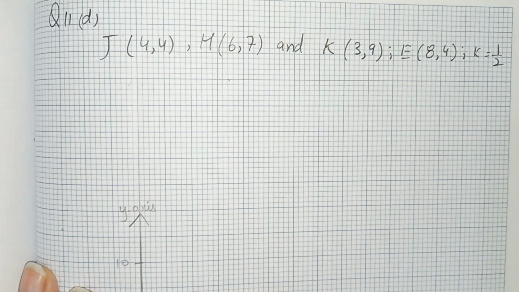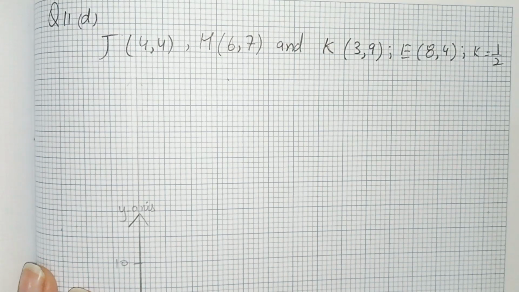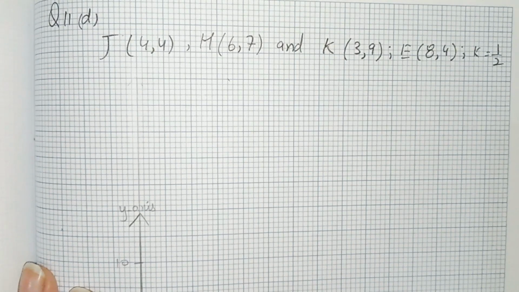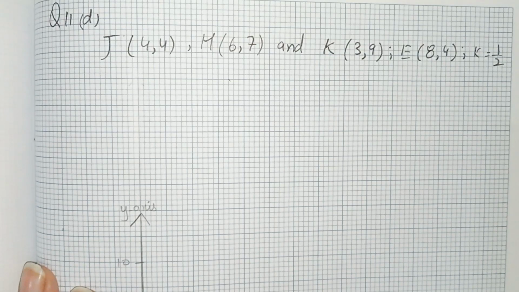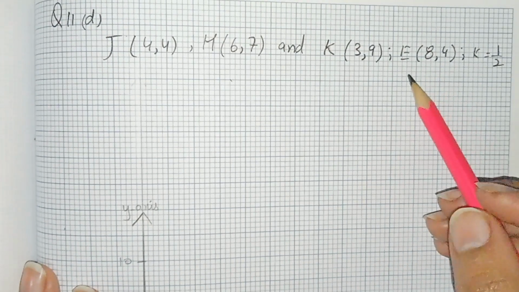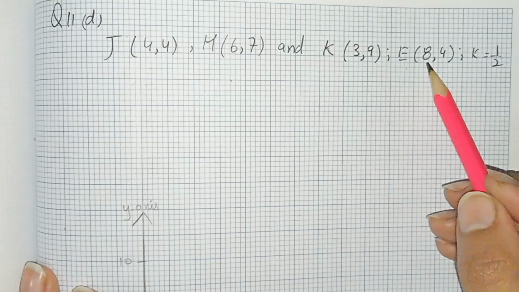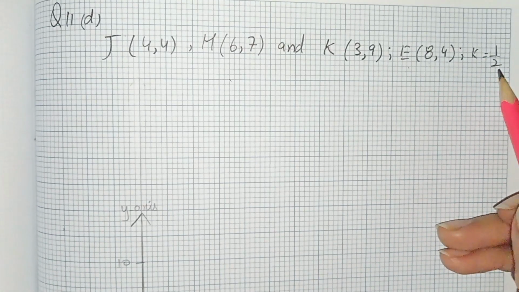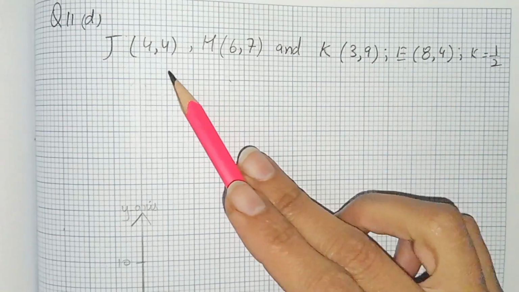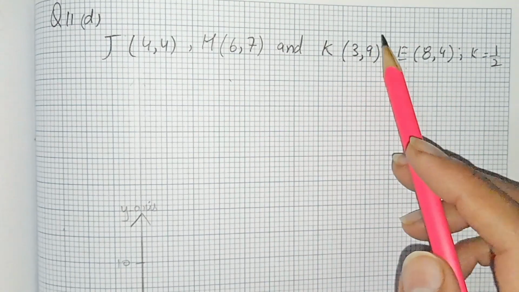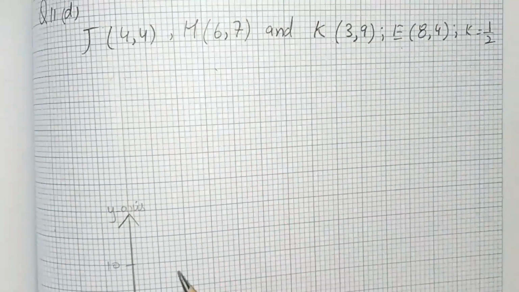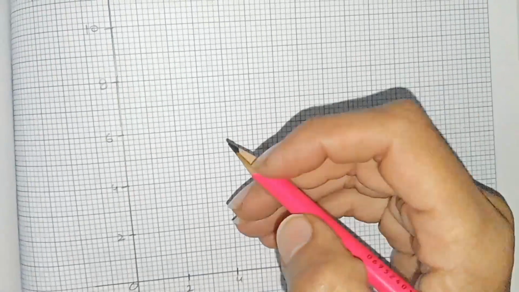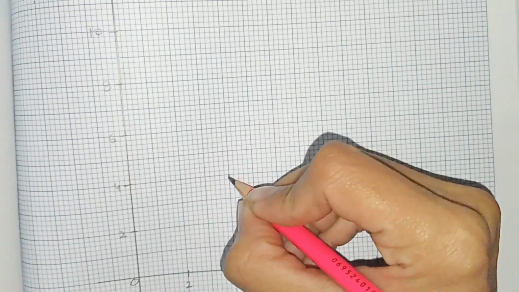Now students, part number D, J, H and K. Now we have to first plot this triangle, and the center of enlargement is 8 and 4 and the scale factor is half. 1 by 2 means half. Now first we have to plot the triangle. J is 4 and 4.